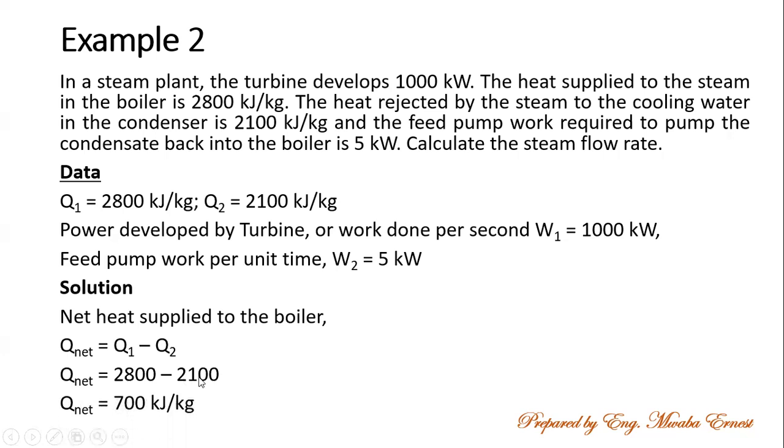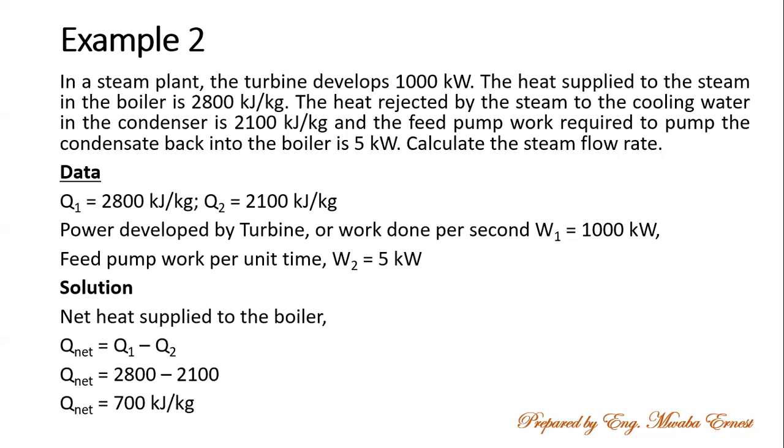When you subtract this on your calculator, you find the net heat, in this case, 700. This is just like we had in example 1. This is representing the work done, although it's referring to the work done per unit mass of this working substance, which is the steam. Now, we don't know at what rate it was flowing, so we'll get to that.